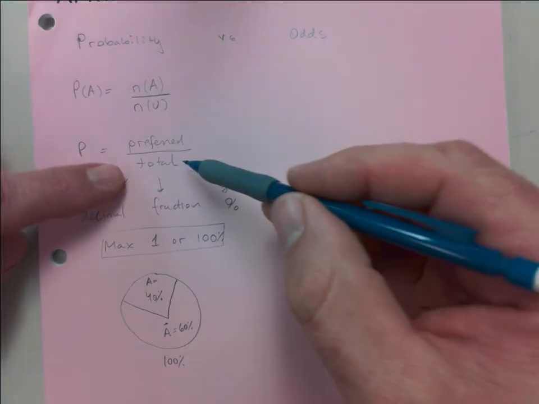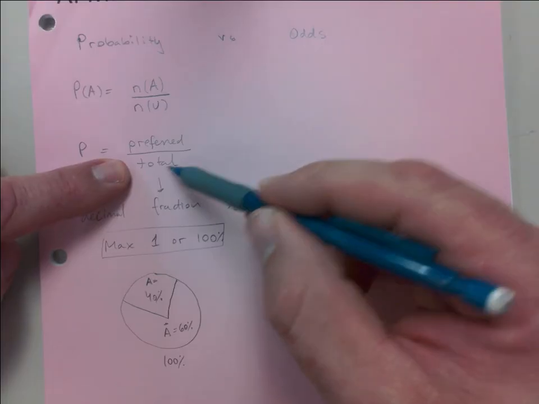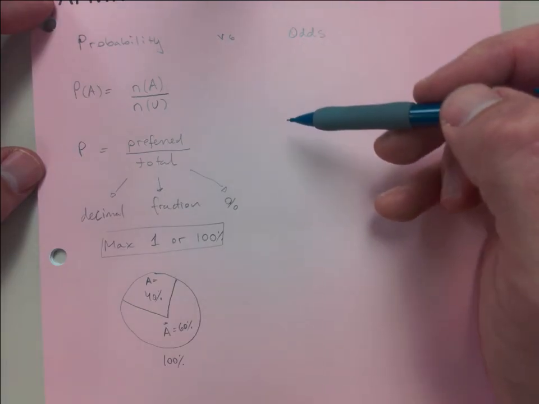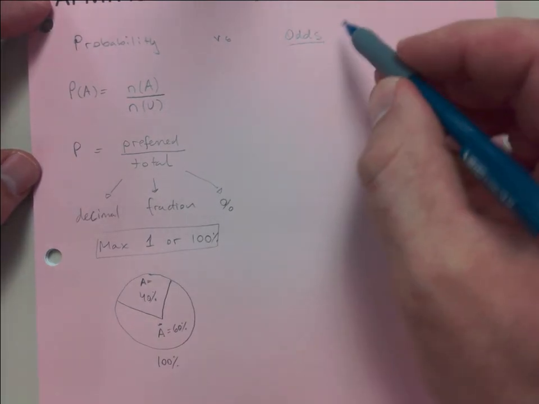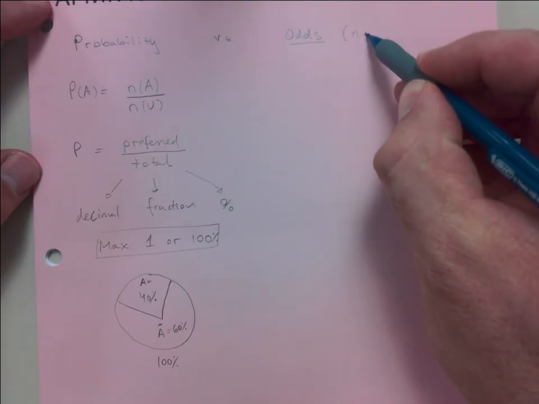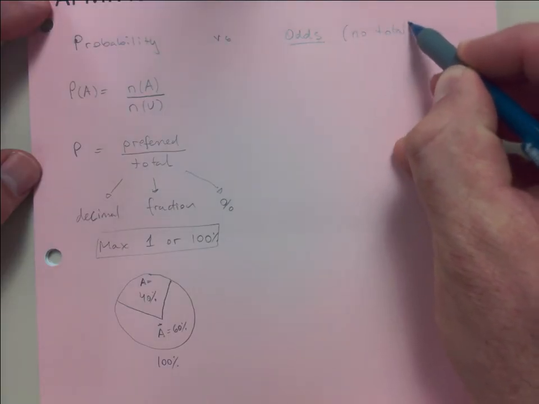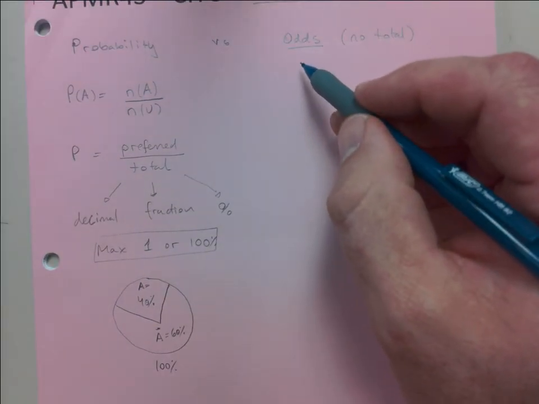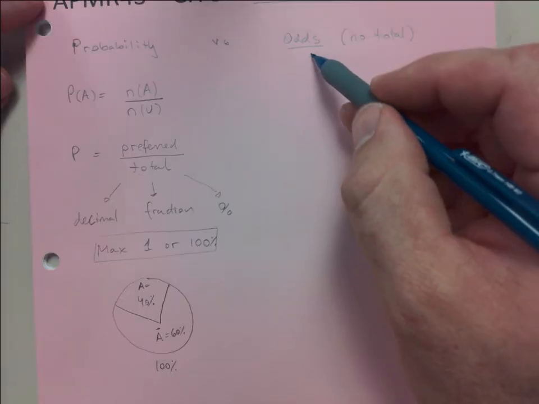Another thing is that probability always wants the total possible options in the denominator. Odds, on the other hand, do not care about the total. There are two different ways to state odds.